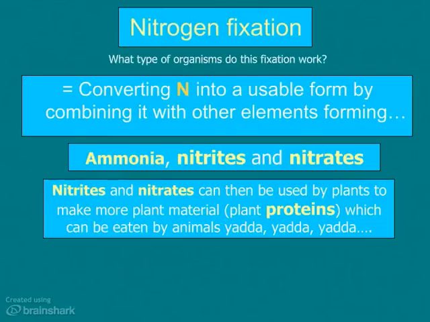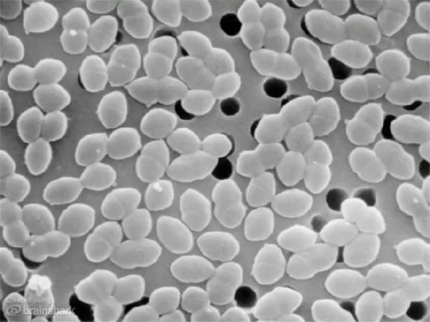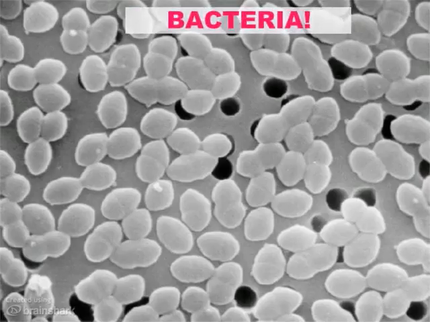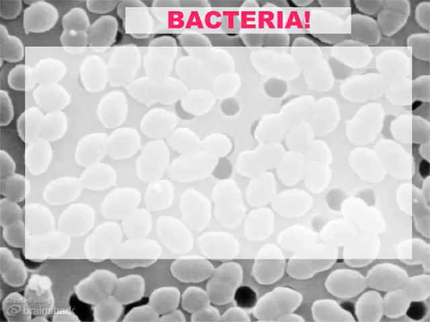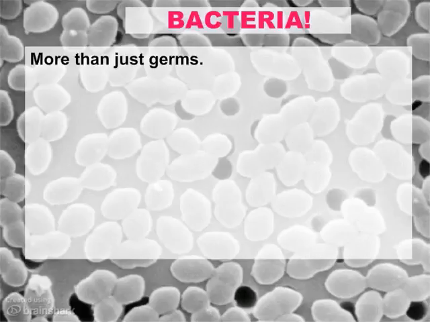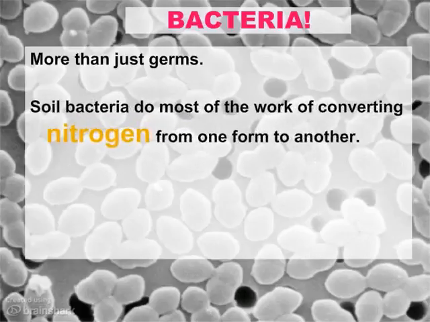Of course, we need to remember what type of organisms do the fixation work. Hopefully you thought of bacteria. Now, bacteria get kind of a bum rap, right? People just think of them as germs, right? They're really important.